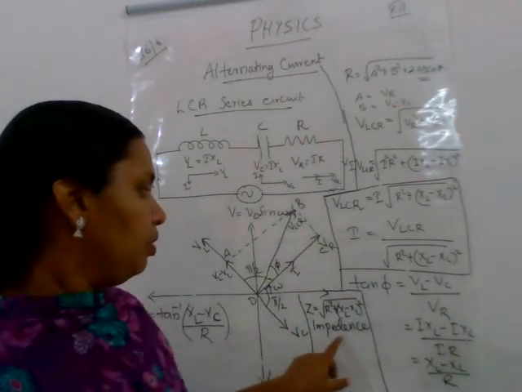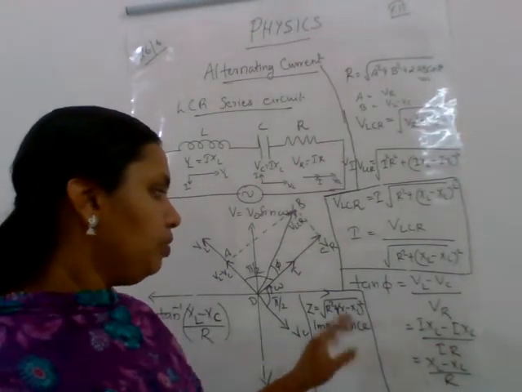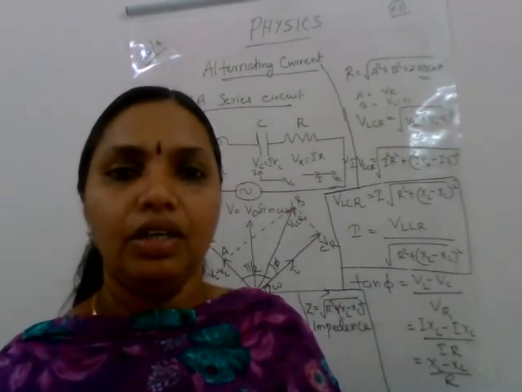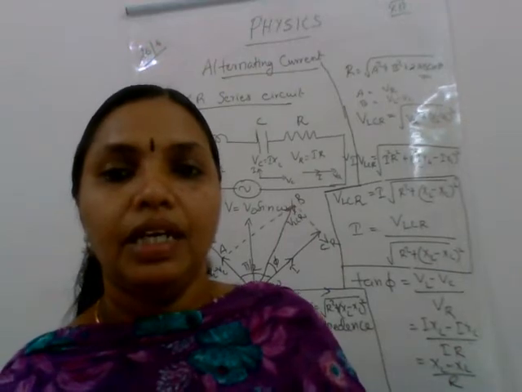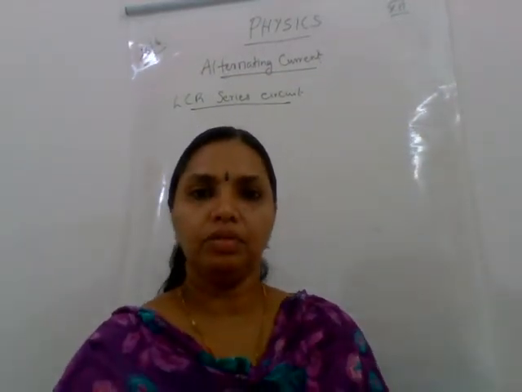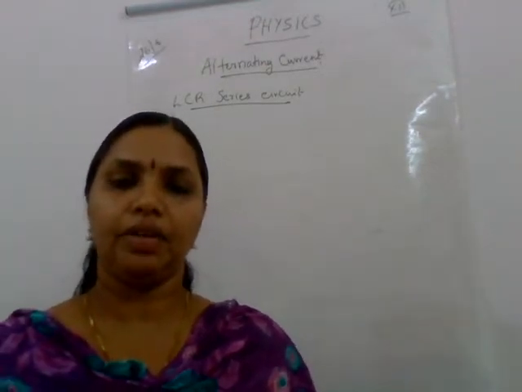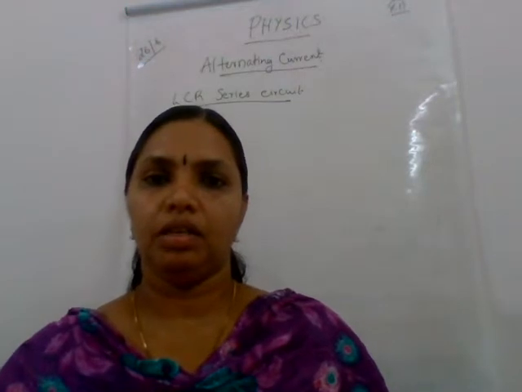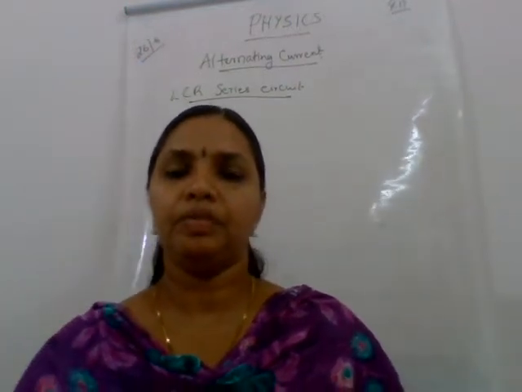Okay, so from this we have to study some more things, like what is the resonance condition. So next we are moving to the resonance condition. Before going to the next session, write down the homework question. Next question number, write down.